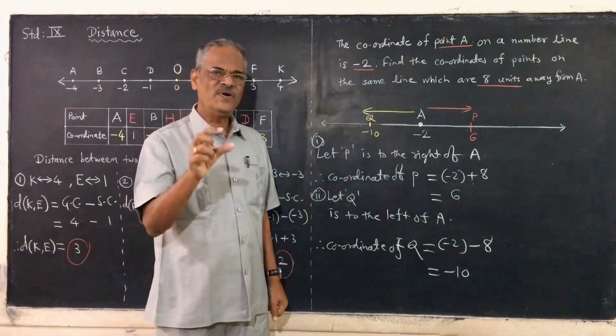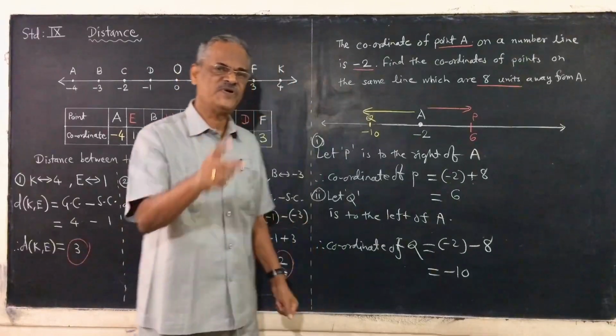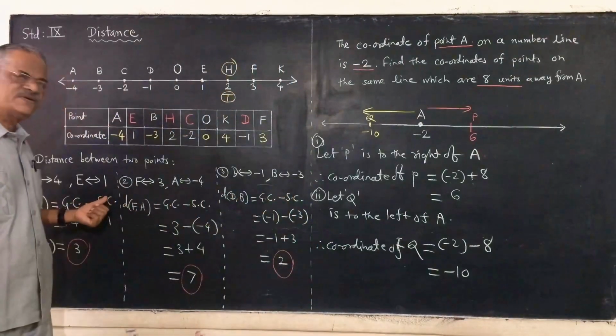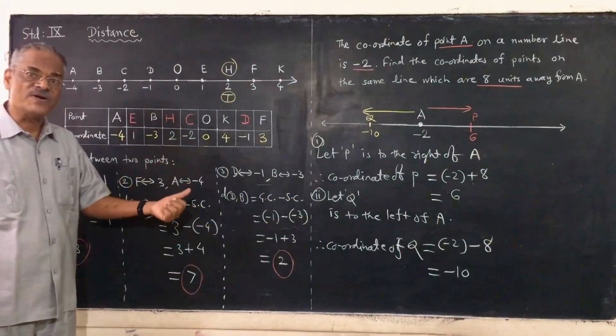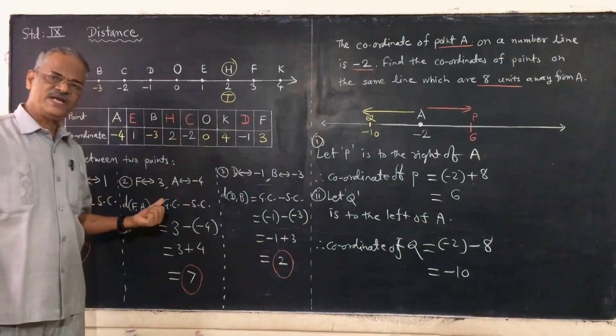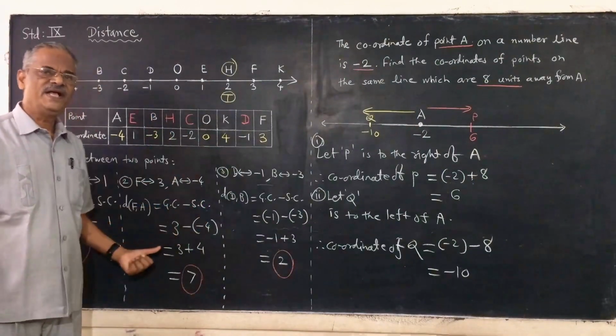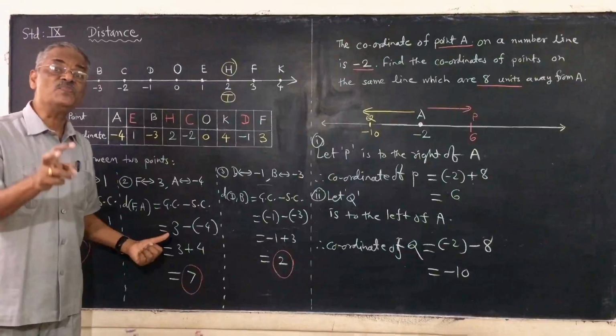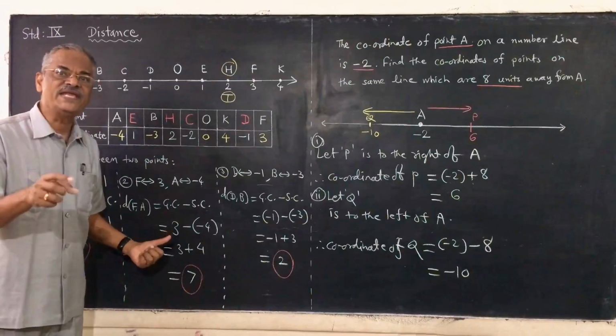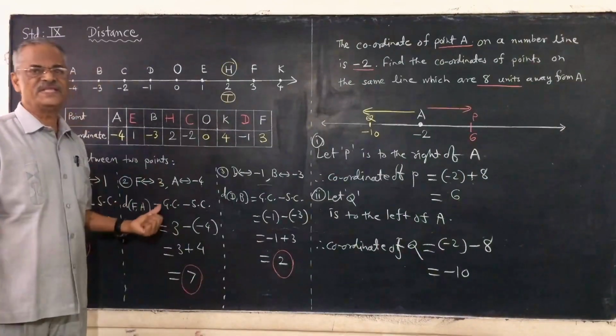So about distance, what is the first point? Remember, greater coordinate minus smaller coordinate. Greater coordinate minus smaller coordinate. And the distance between 2 points is not a negative real number. Remember this point.